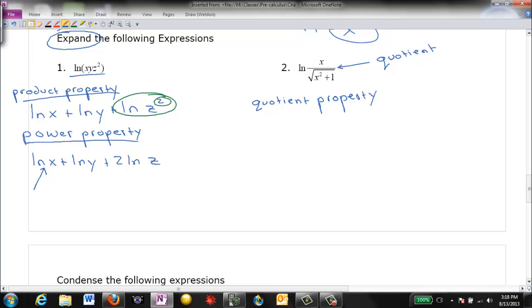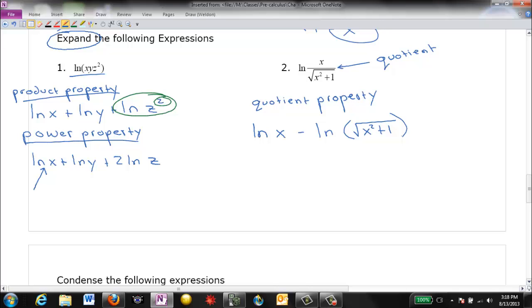The quotient property tells me that I can split up that quotient into a difference of two logarithms. So I'm going to say the natural log of x, the numerator comes first, minus the natural log of the square root of x squared plus 1. So I went from that single logarithm to a difference of two logarithms now.